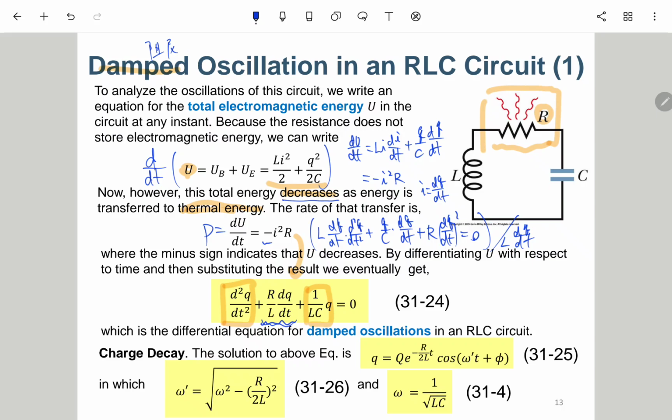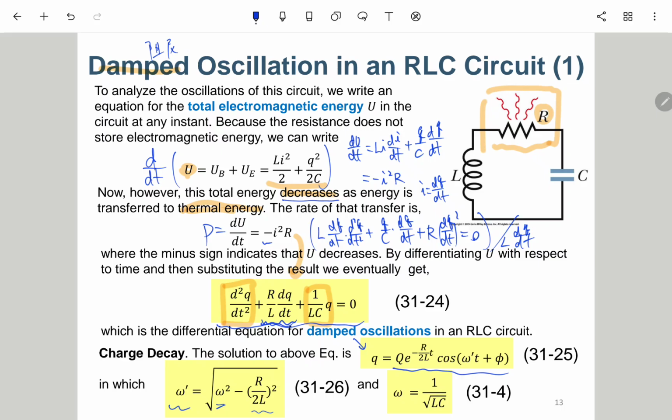And actually the textbook only tells you that the solution to this second order constant coefficient ODE will be like that. And then also omega prime will be the original omega squared minus this small term, and then take the square root.